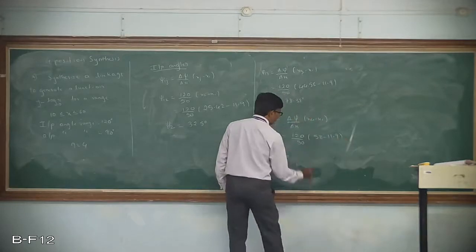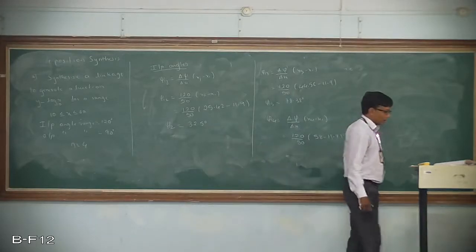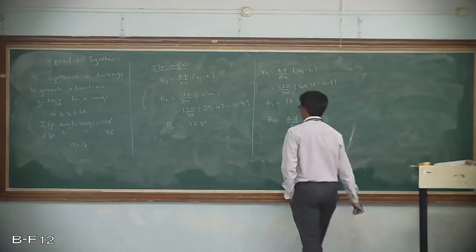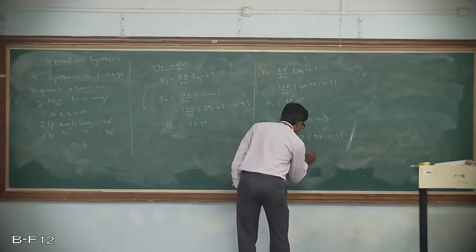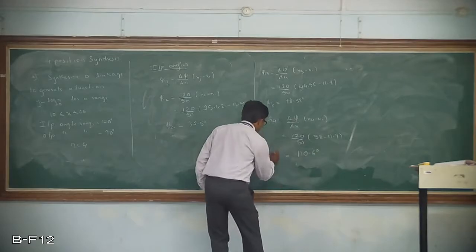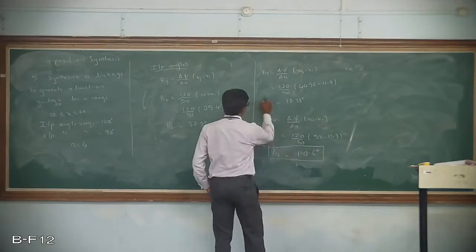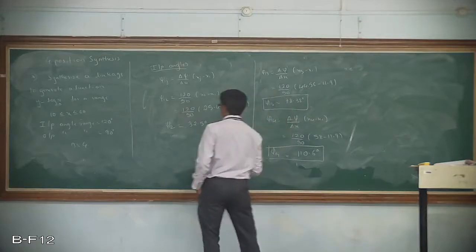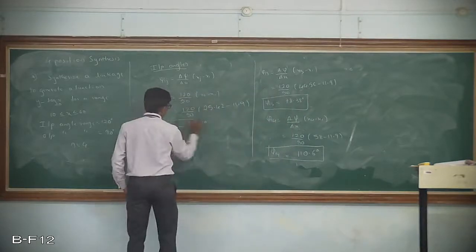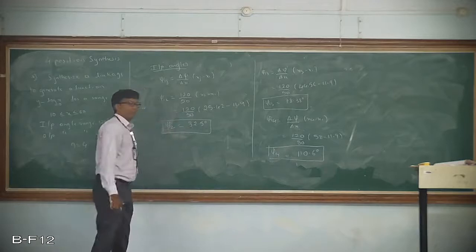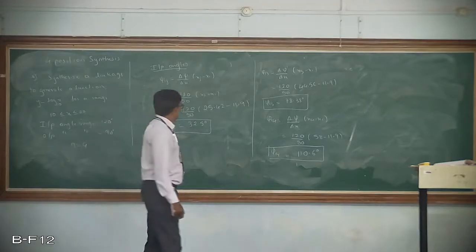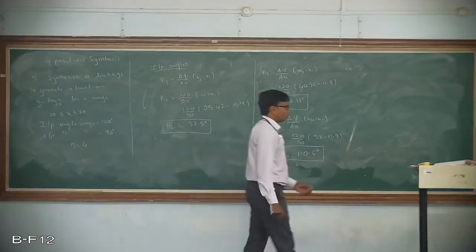So we will be getting the angle as 110.6 degree. So this is xi14. These are the input angles we need to remember, and we need to use these values to plot the angles. Next we'll go for the output angles.